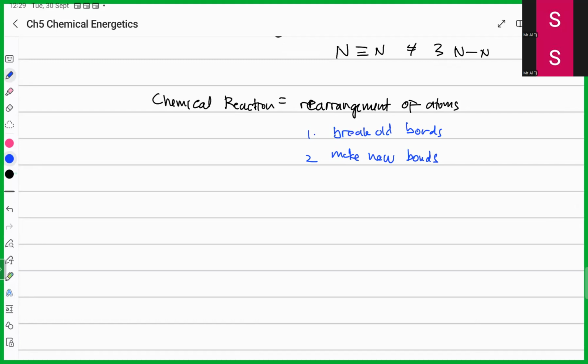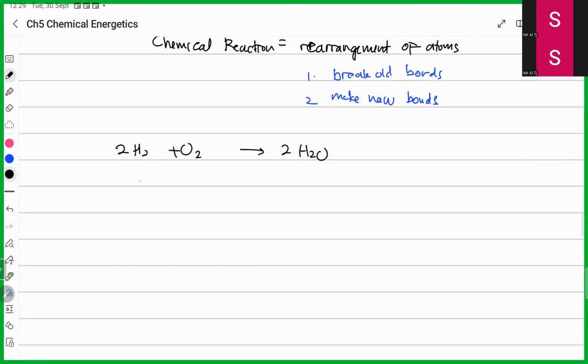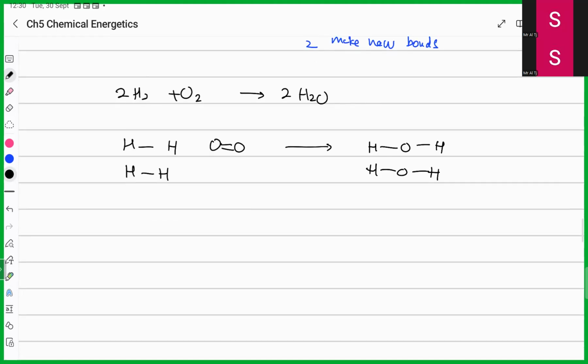Example. We have two hydrogen react with oxygen to make two water. Two hydrogen means you have hydrogen single bond to hydrogen, twice of them. And oxygen is double bond oxygen. We're going to make water molecules, which is an oxygen bonded with two hydrogen each. Now, this reaction actually happens in two steps.